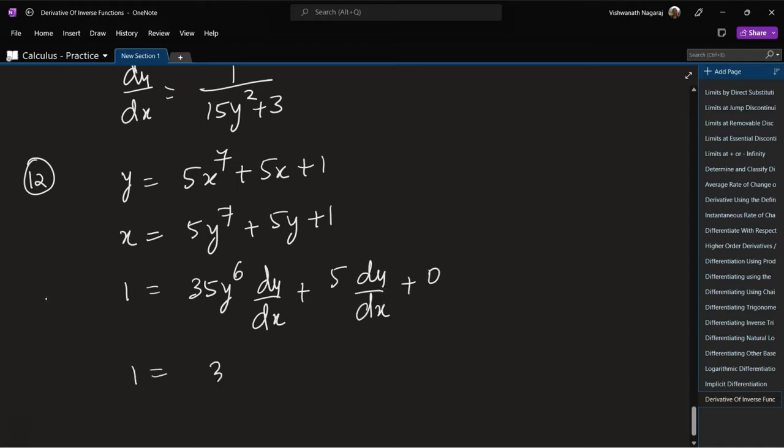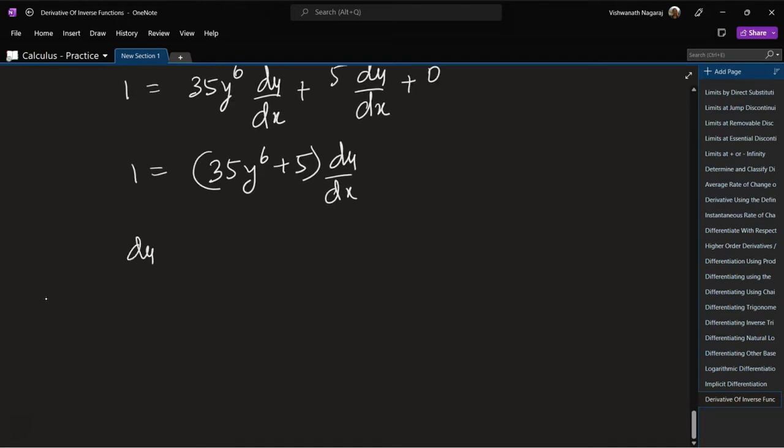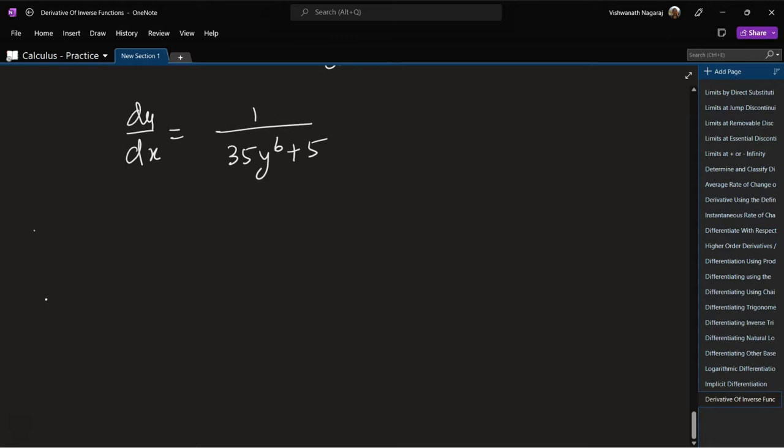So this would be 35y to the power of 6 plus 5 times dy by dx, and finally dy by dx of the inverse function is 1 by 35y to the power of 6 plus 5.